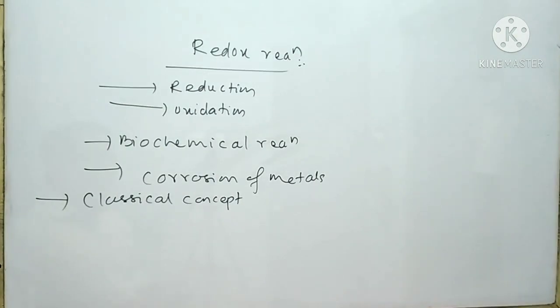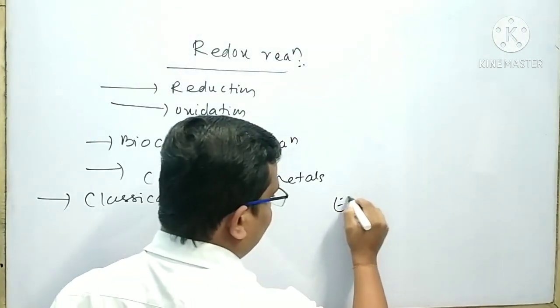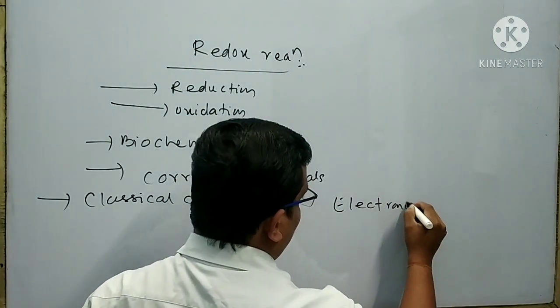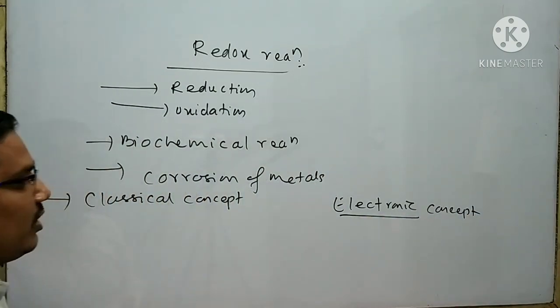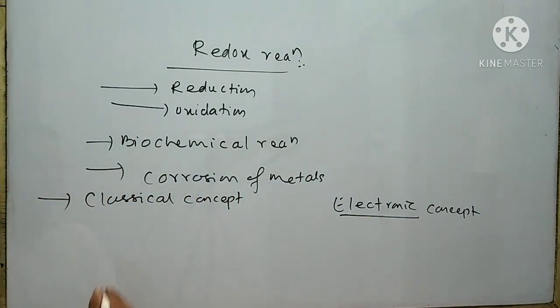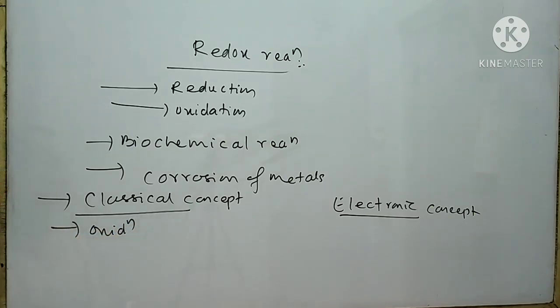Also there is another concept, that is said to be the electronic concept. One is the classical concept, second is the electronic concept. According to classical concept, what is the definition of oxidation?